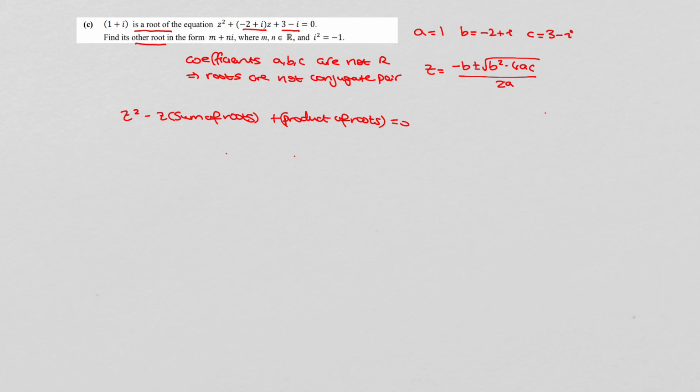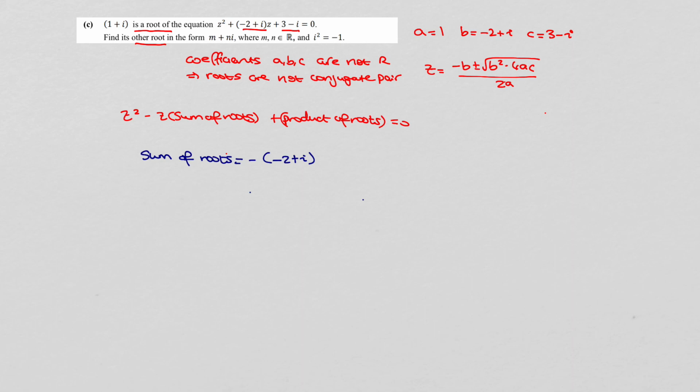So if we look at that and compare it to the quadratic that we've been given, then what we can see is that the sum of the roots must be equal to minus 2 plus i.